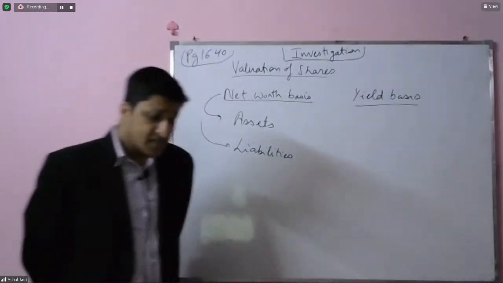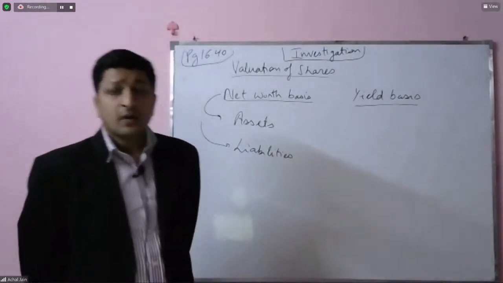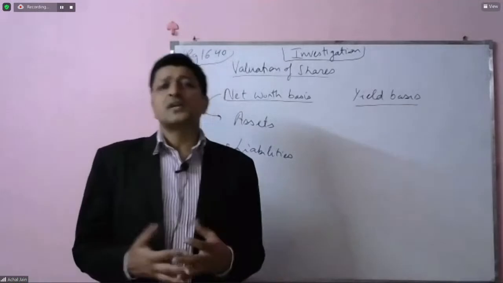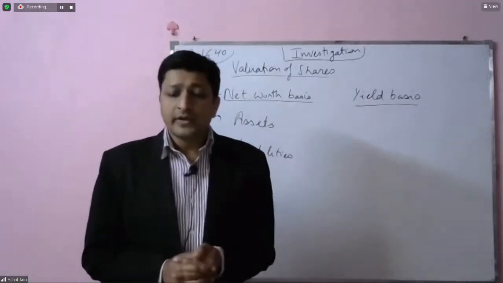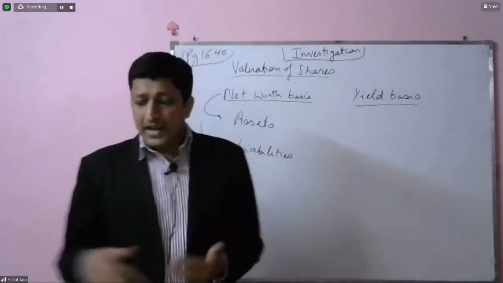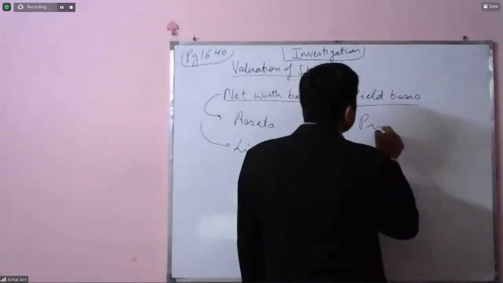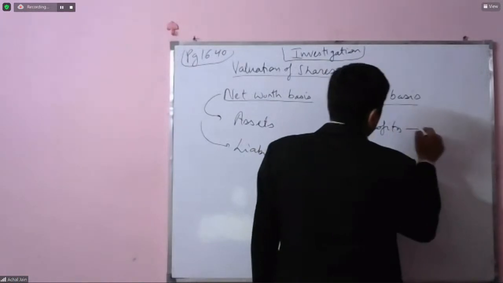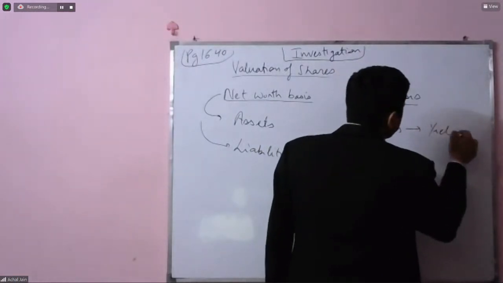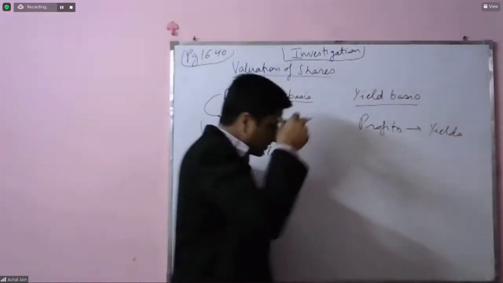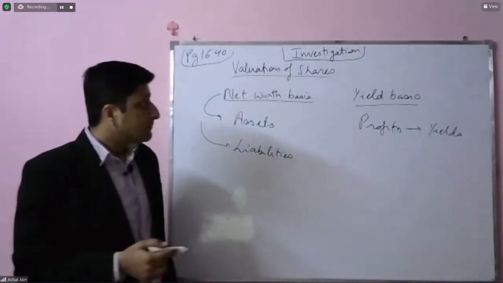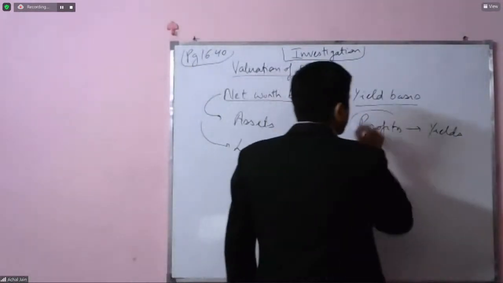So, in yield basis, what is the underlying thing which the investigator should focus on? The profits. And the analysis of the profits will result in yields. Yields means the returns, the dividend payouts, etc., which are again dependent on the profits.